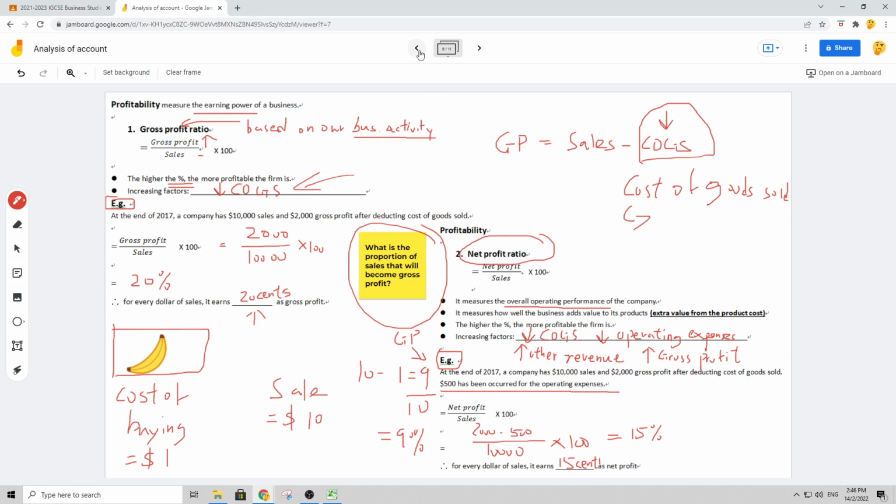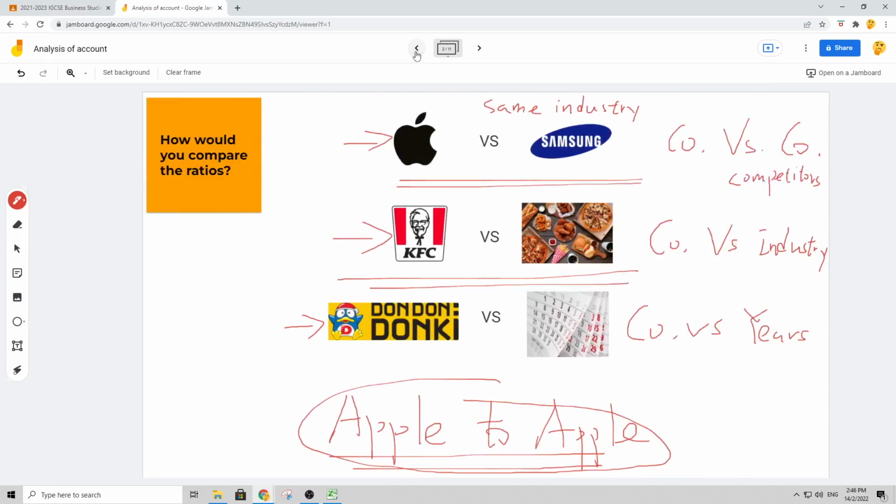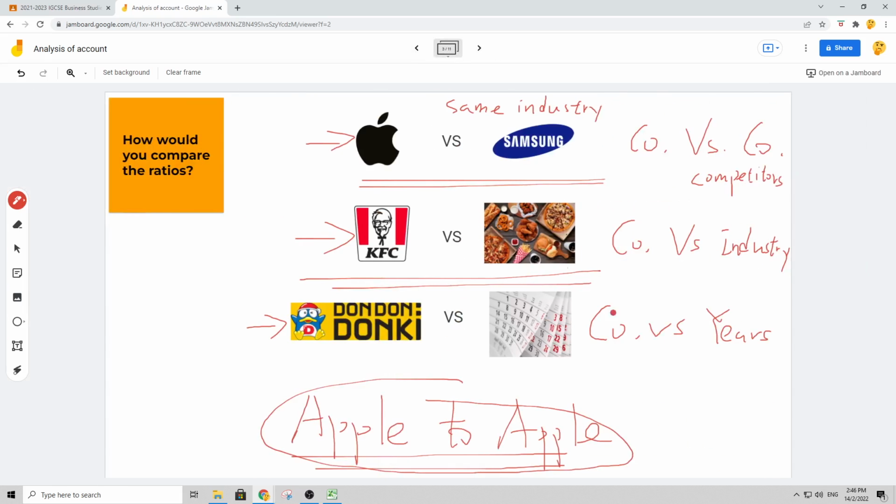Again, we are gonna do comparison, like right here. If you're really looking for a point, usually we would go for this comparison here. When you see a percentage, let's say your GP ratio, you compare it to the industry average GP ratio.